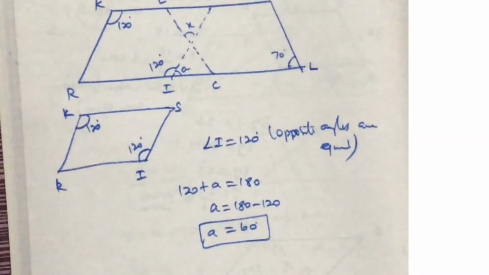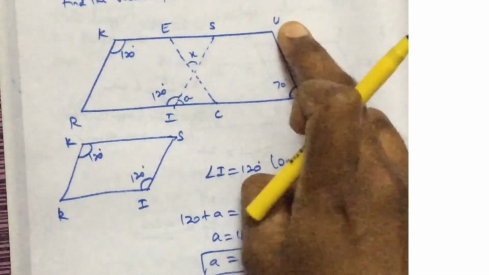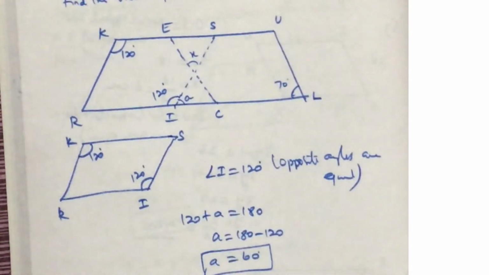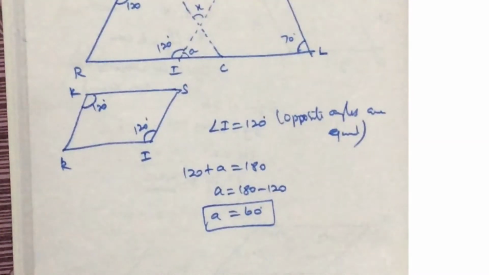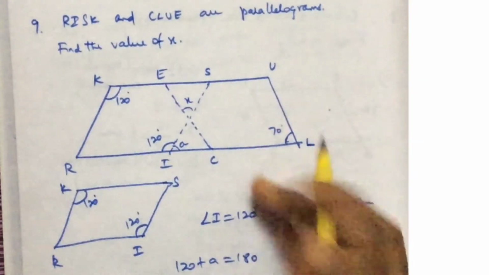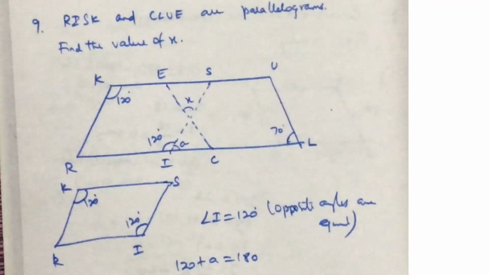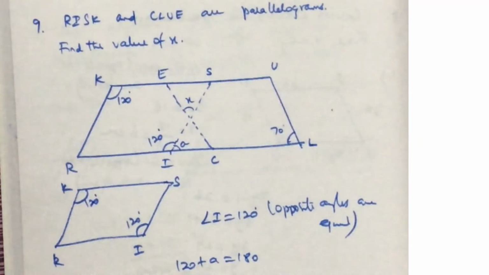Now, let me go for the next parallelogram, which is CLUE. If you go for the next parallelogram, this is 70, it looks like this. CLUE.